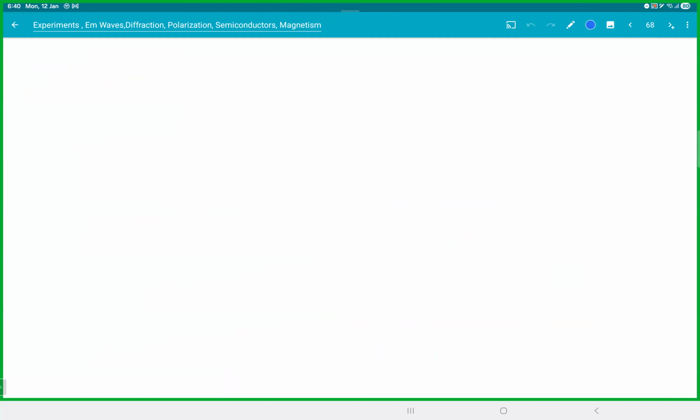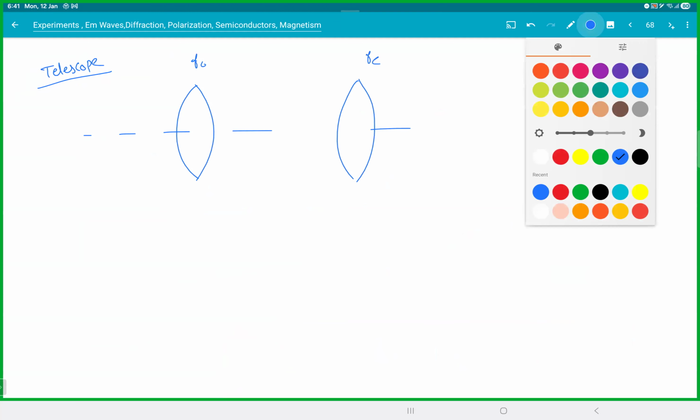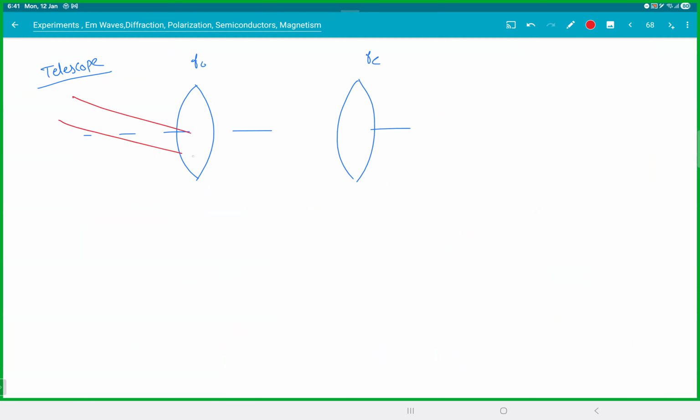And if you remember the astronomical telescope, here also the story is the same. So this is your F naught, this is FE. The only difference here is the light rays are already coming from infinity, so they're going to meet at the focal length here. This would be F naught, and this would be UE again.